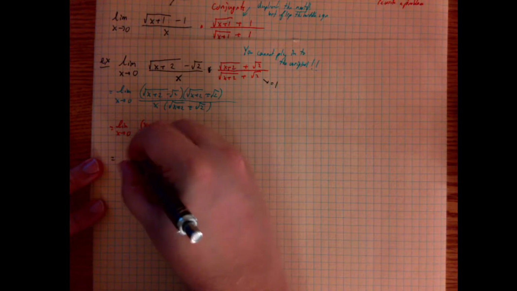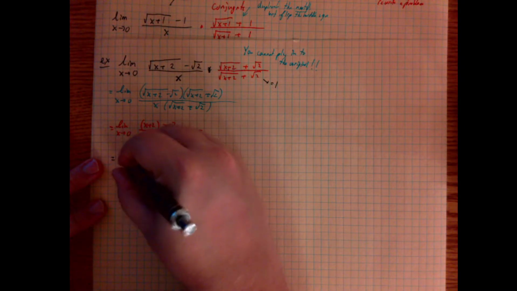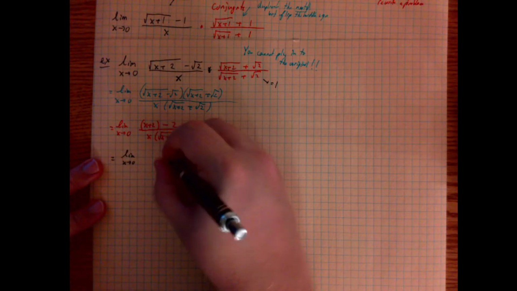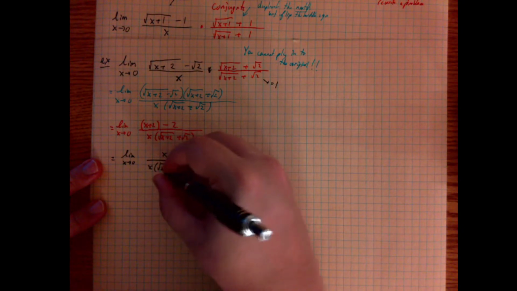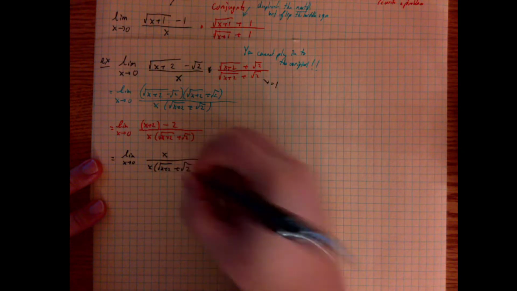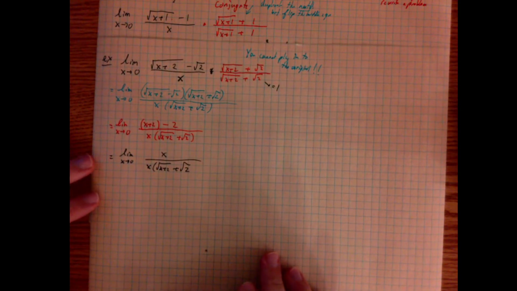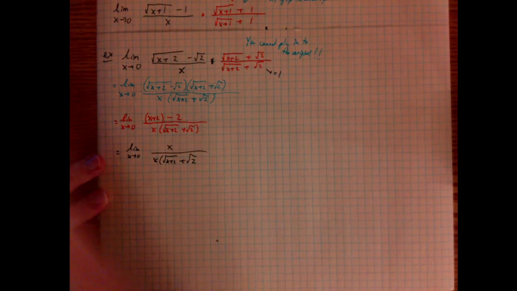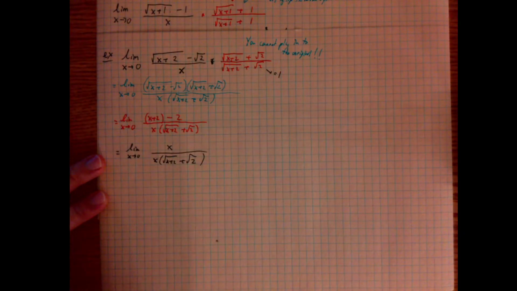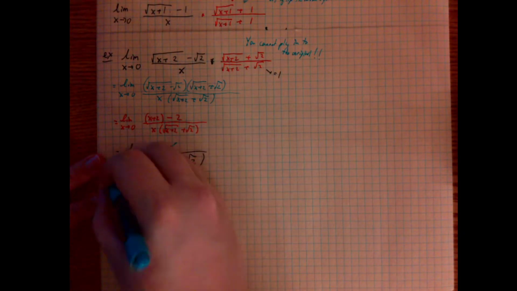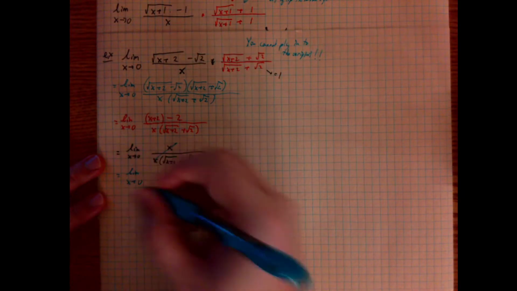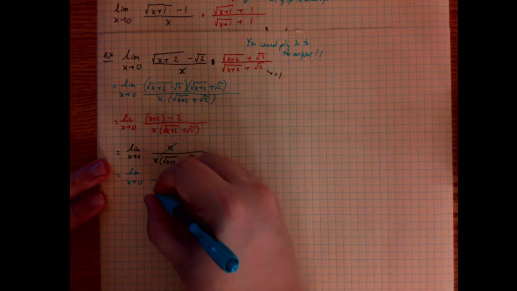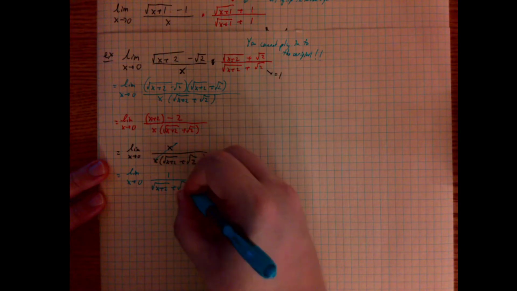On top, we end up with just the limit as x approaches 0 of x over x parentheses square root of x plus 2 plus square root of 2. All right. From here, we cancel out the x's, leaving just the limit as x approaches 0 of 1 over the square root of x plus 2 plus the square root of 2.